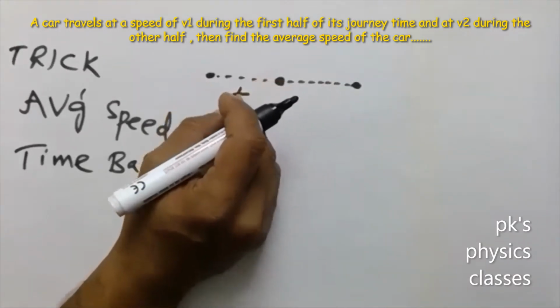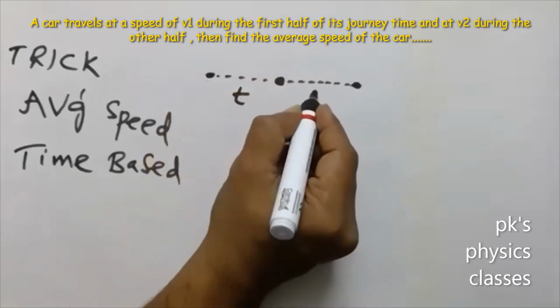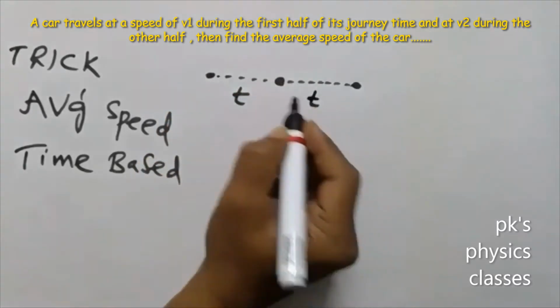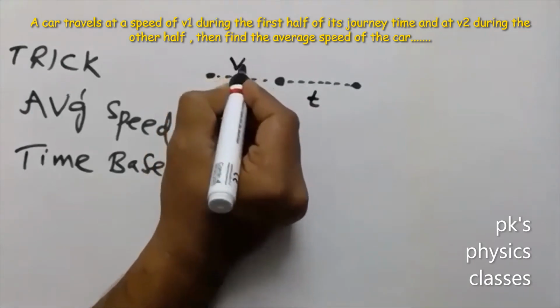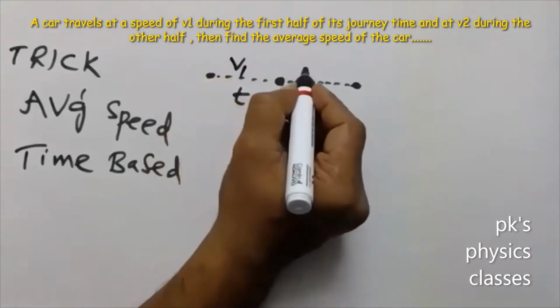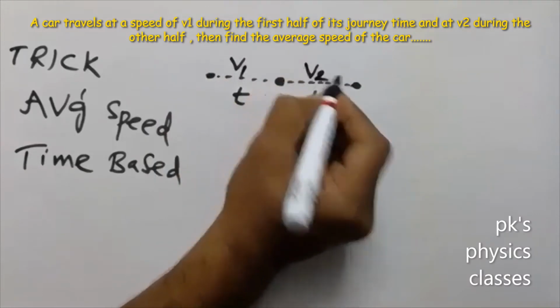If I call this time duration t, this is also t. In this first half of the journey, the speed is v1 given, and in the other time duration it is v2.